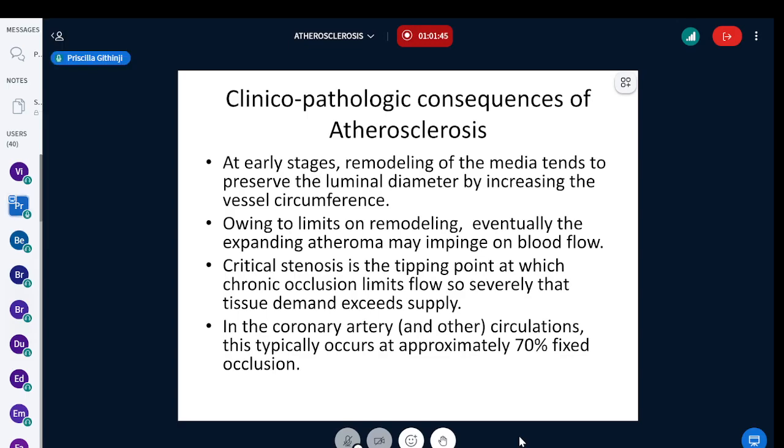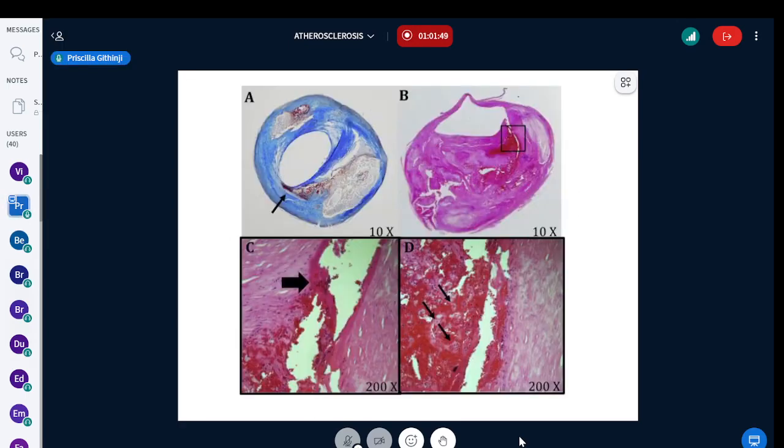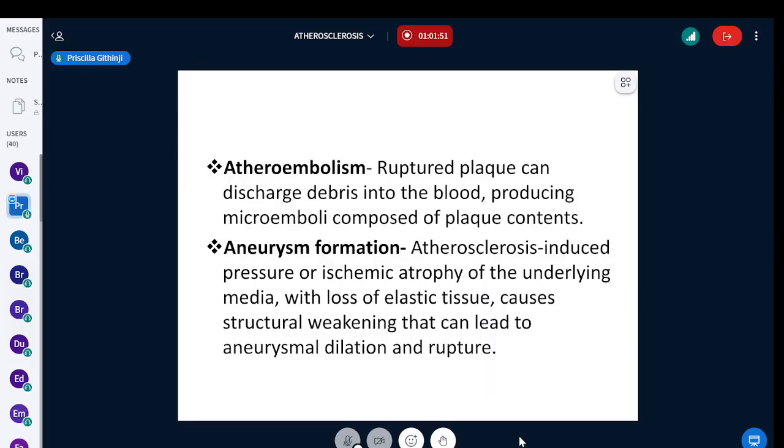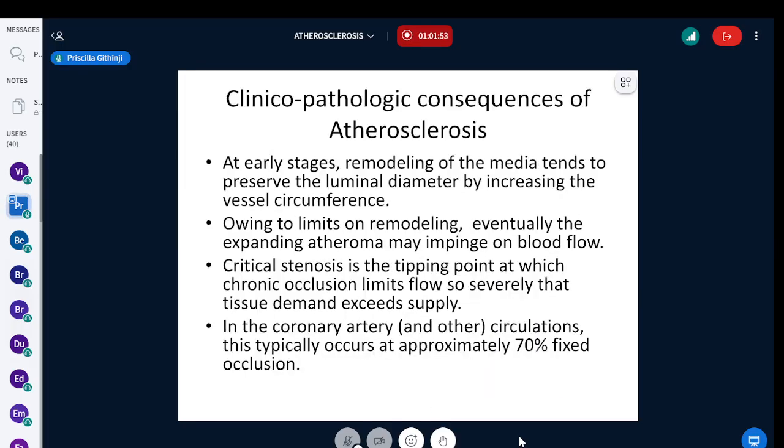So what are the consequences of this atherosclerosis? Of course, we've discussed the changes that can occur: rupture, hemorrhage, atheroembolism, aneurysm formation. But it is important to know that at early stages, you usually have remodeling of the media that tends to preserve the luminal diameter by increasing the vessel circumference.